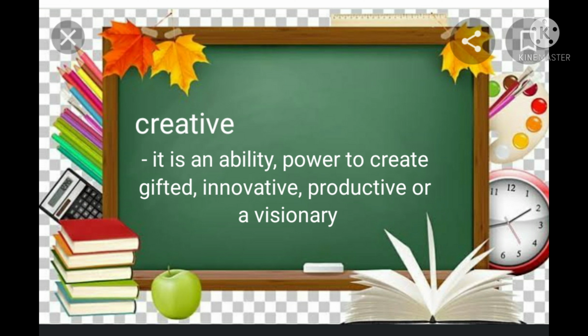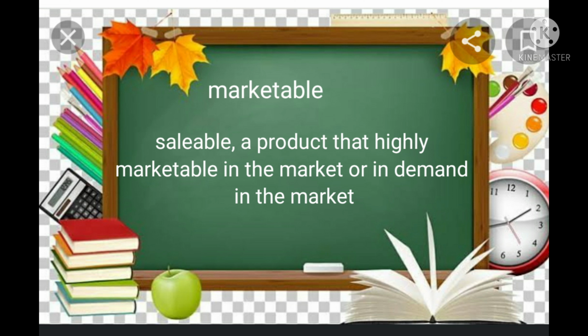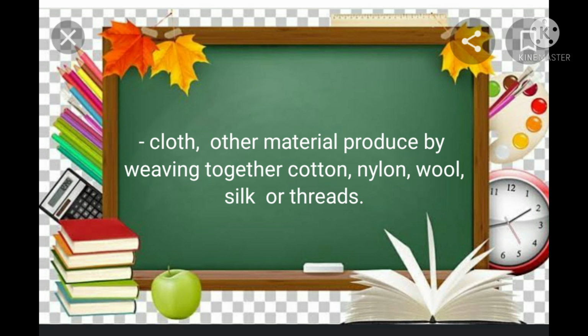Creative is an ability, a power to create; gifted, innovative, productive, or a visionary. Marketable is saleable, a product that is highly in demand in the market. And the last one is fabric. It is a cloth or other material produced by weaving together cotton, nylon, wool, silk, or threads.